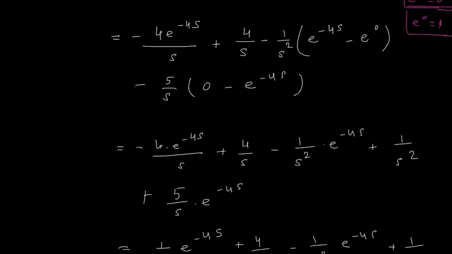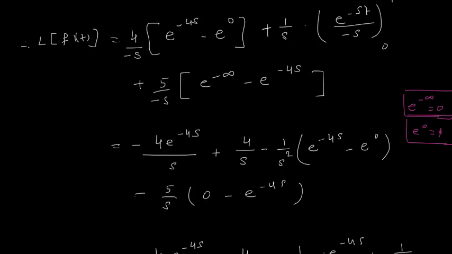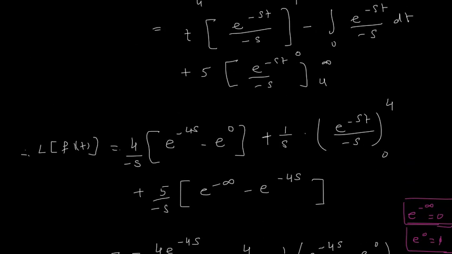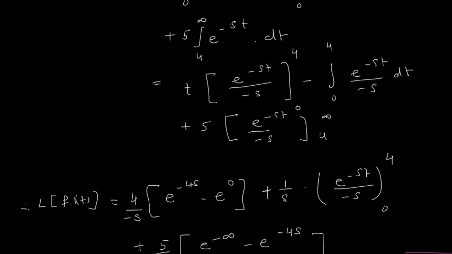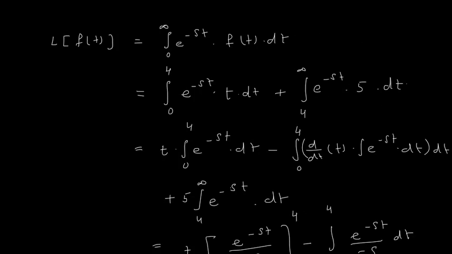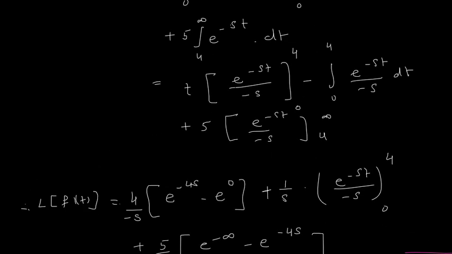Now let us check once again if everything is proper, or again I am doing some mistake. Okay, yes, you can find the mistake again. Okay, upper limit minus lower limit. So here from the beginning itself, t into e power minus st. So here limit is for t, so this t cannot be outside, this t should be inside, so I should write t here.